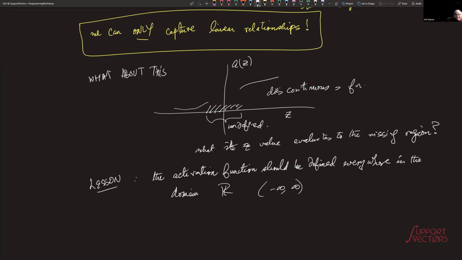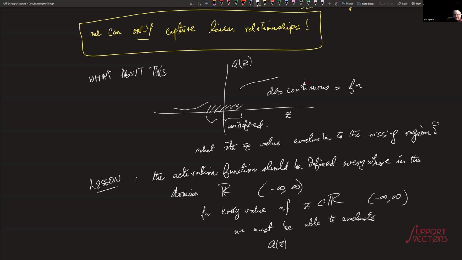So what it means is for every value of x in real number, that is minus infinity to plus infinity, along the real number line, we need a value. We must be able to evaluate this function, isn't it? Something like evaluate the activation of, actually let me use Z because I'm using Z everywhere. A(Z) must be able to evaluate A(Z). So that's a lesson to learn from that.